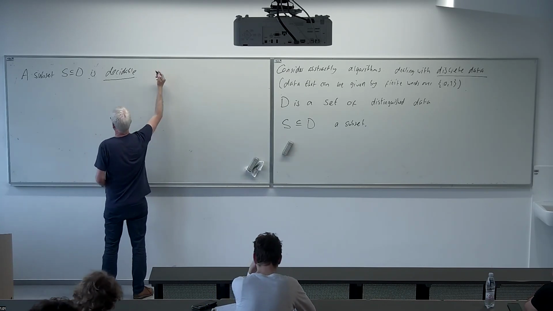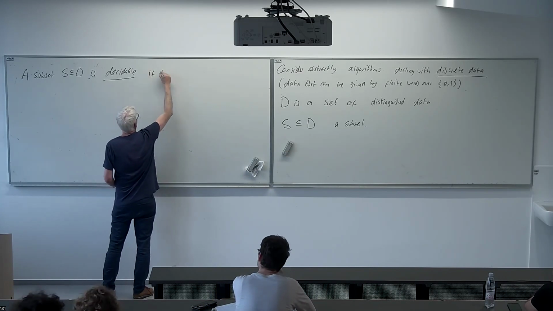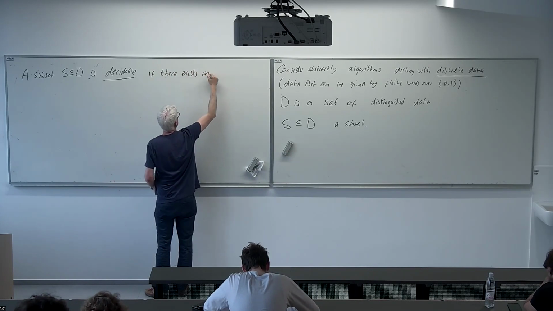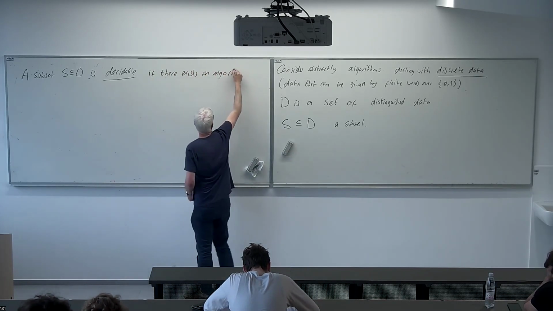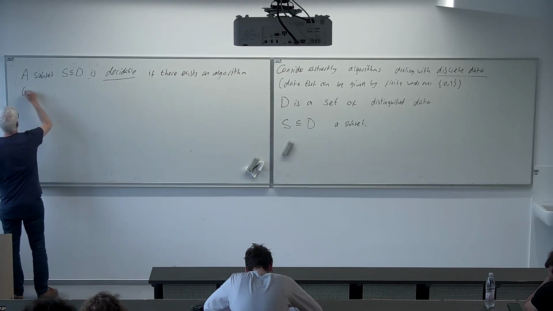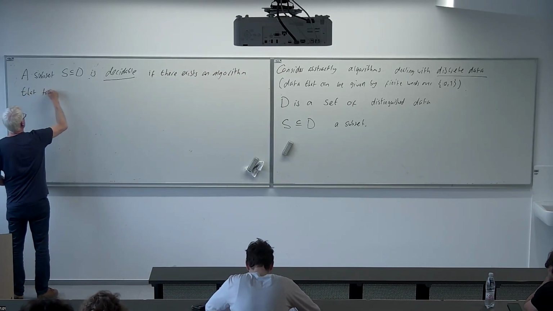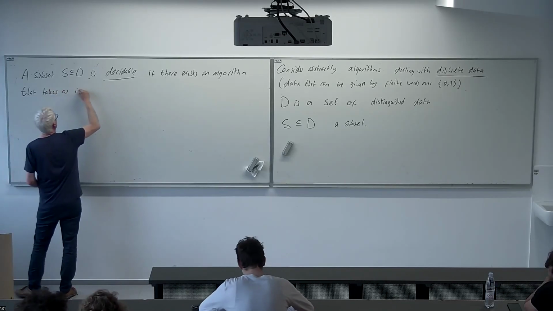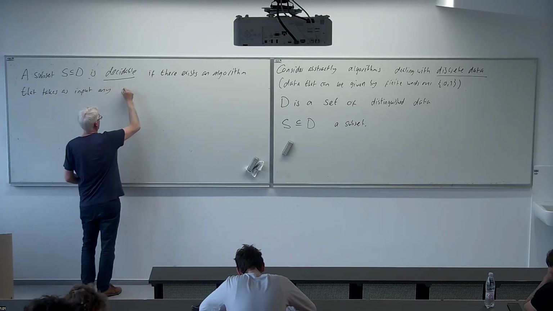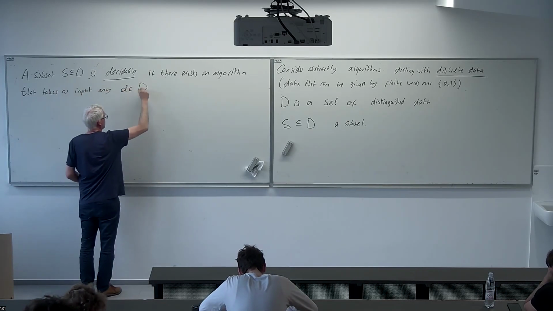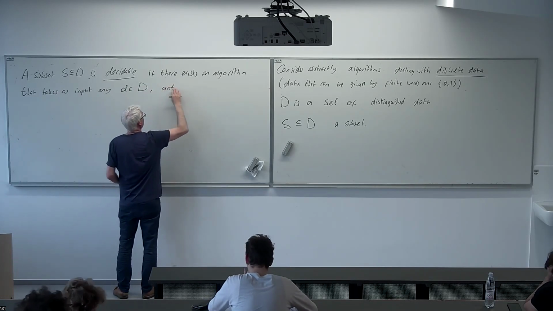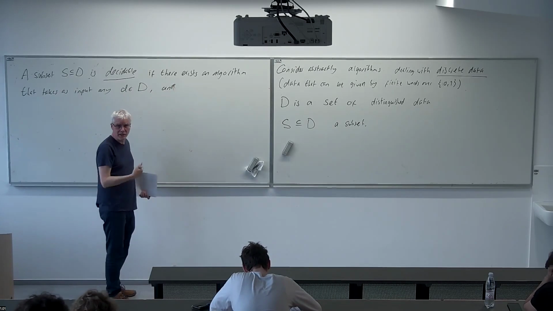So a subset is decidable if there exists an algorithm that takes as input any element of the larger set D, so any little d belonging to the larger set D, and then is guaranteed to terminate with a response.